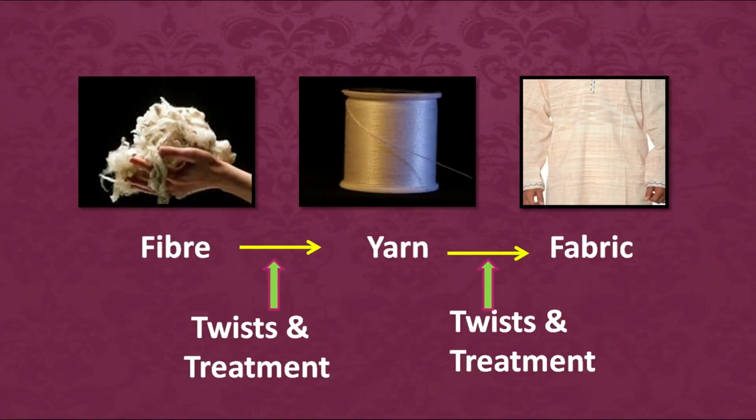There are special processes which we follow. If you look at the slide, you can see a fiber held in the hand, and these fibers are twisted and given a special treatment from which we get the yarn. These yarns are further refined, twisted, and given special treatments to create different kinds of yarns, and these yarns are then woven to make a fabric.